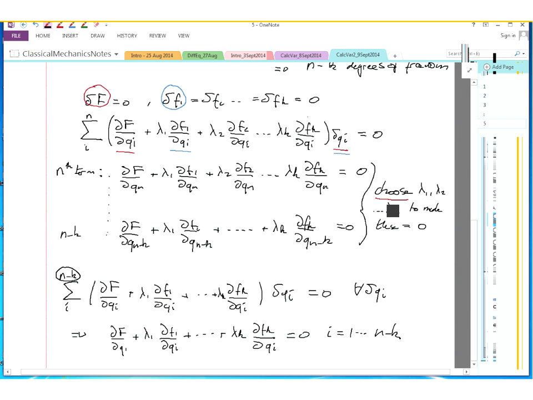And so now we have these n minus k equations here, and then we have these k equations here, right? These ones here, sorry. Here we have k equations.